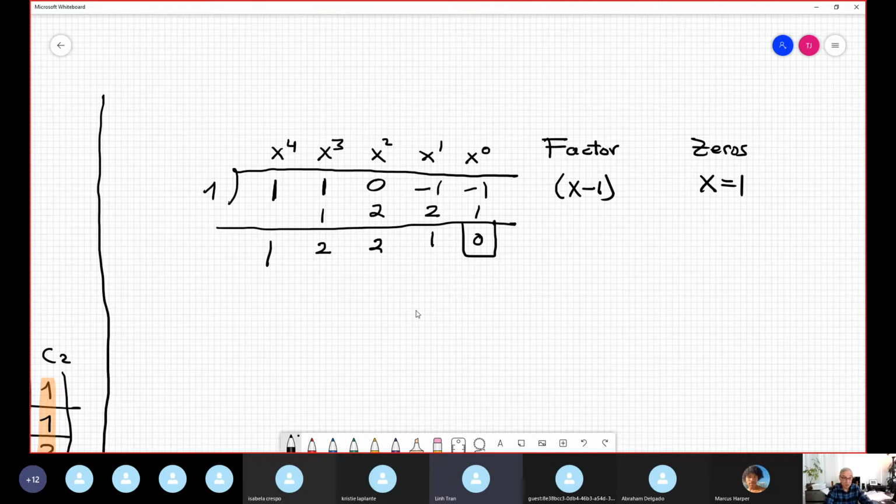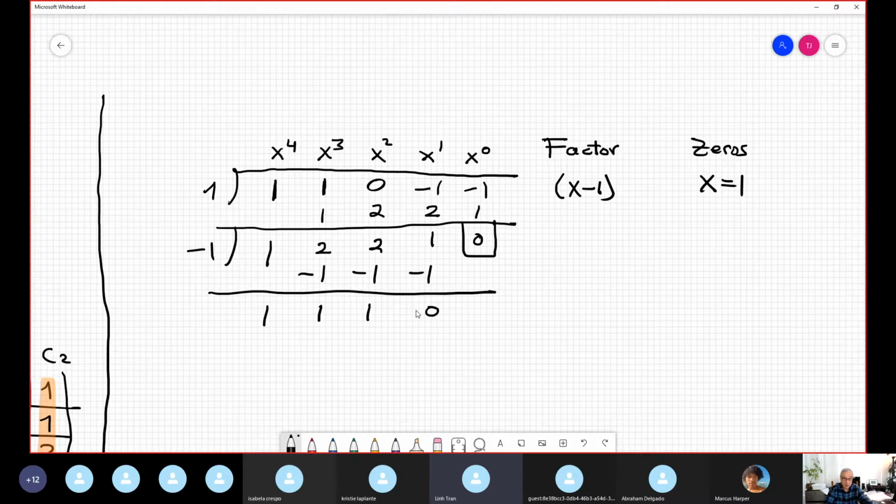Okay, let me try negative 1. Maybe there is multiplicity, I don't know. So you try 1 again and it doesn't work because the remainder is not 0, entonces that means que no more 1, only 1. Entonces bring down 1, this is negative 1, this is 1, this is negative 1, 1 is negative 1. The 0 remainder, perfect.